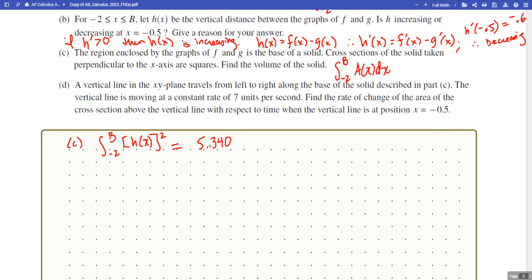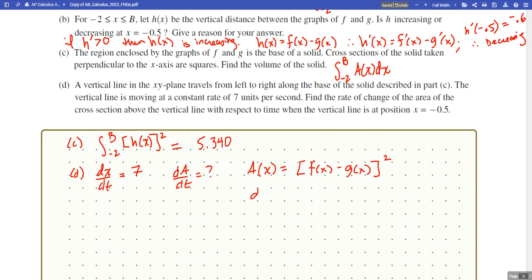Okay, so for part D, here's what we're looking at. We know that dx/dt is equal to 7. We want to figure out the rate of change of the area. We know the formula for the area with respect to x is f of x minus g of x, quantity squared.